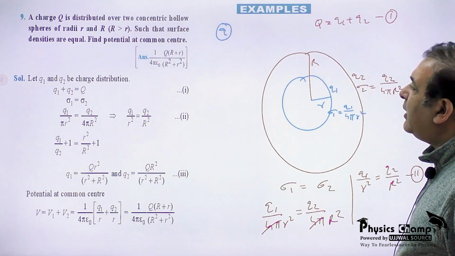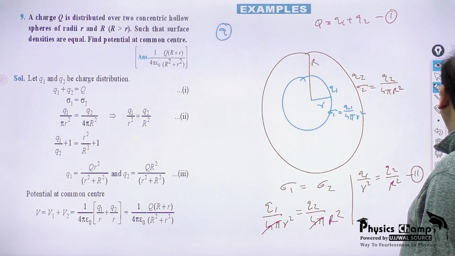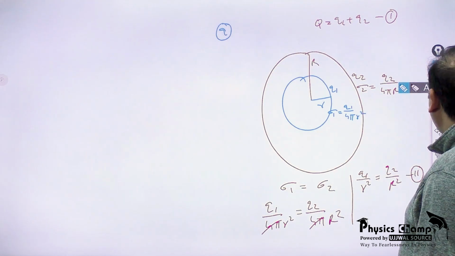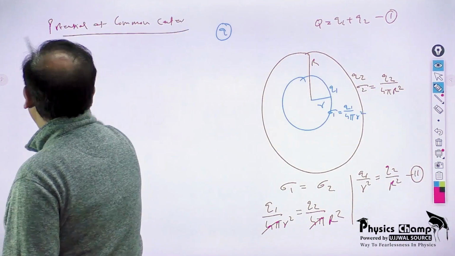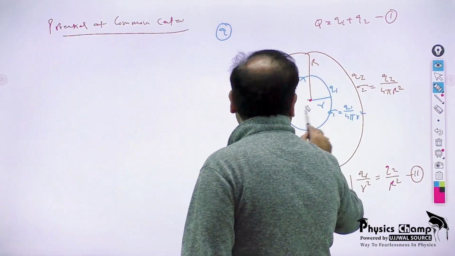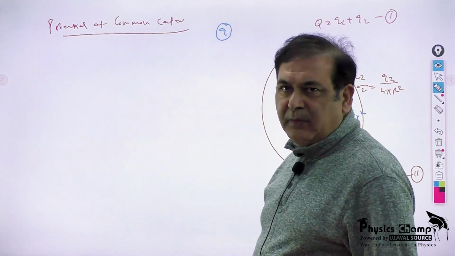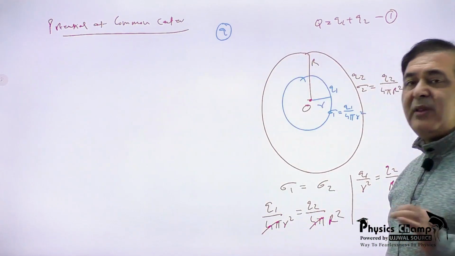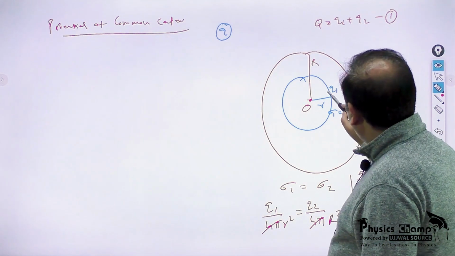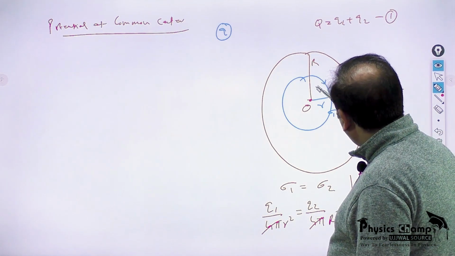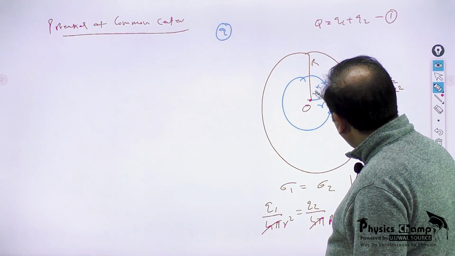Find the potential at the common center. So we are looking for the potential at the common center, which means the potential at O. Now there are two contributions to the potential at O. Number one, due to the inner charge, it will have a potential V1, and the same V1 will exist here.